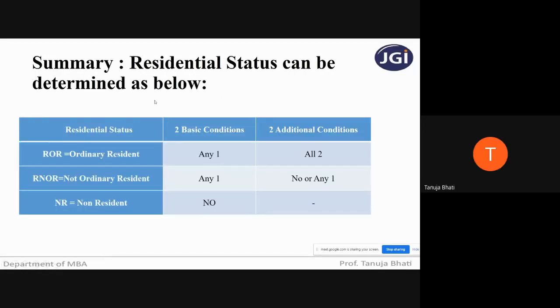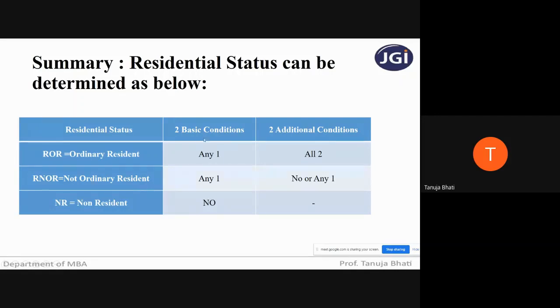Let us see a summary of this residential status. We saw 2 basic conditions and 2 additional conditions. The residential status of an individual can be resident or non-resident, and a resident can be ordinarily resident or not ordinarily resident.